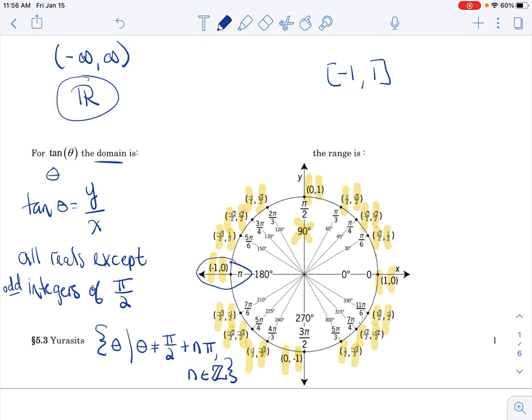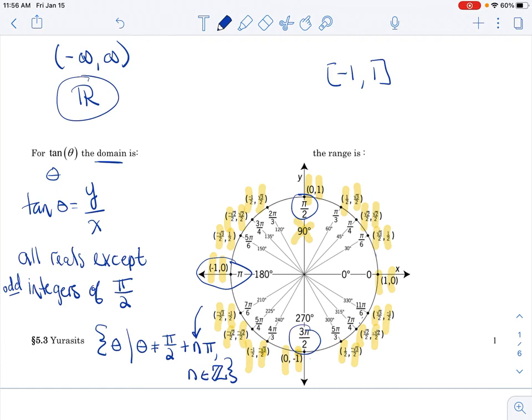So what this means is if I put in 0, okay, 0 is an integer. Well, 0 times pi is 0. Well, 0 plus pi over 2 is just pi over 2. We're here. Yep, that doesn't work, okay? If I put in 1, well, pi over 2 plus pi is going to give me 3 pi over 2.